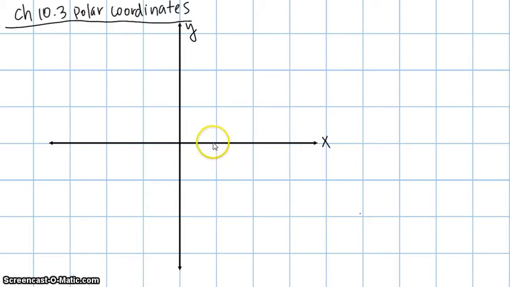Now, when I move over a distance to, for example, the point (1, 1) on the Cartesian plane, this x value is the distance from the y-axis out to my 1, my x equals 1. And then my y value of 1 is going to be visible here.